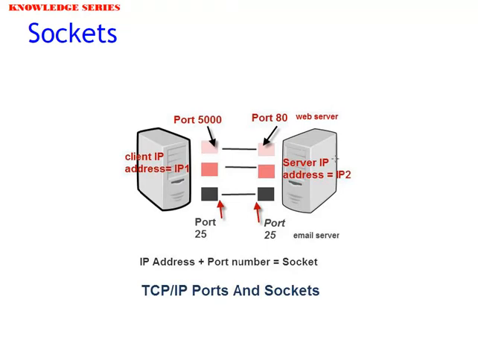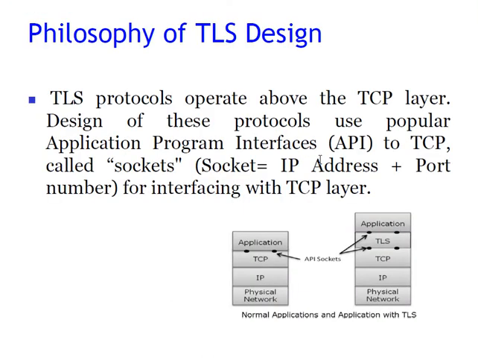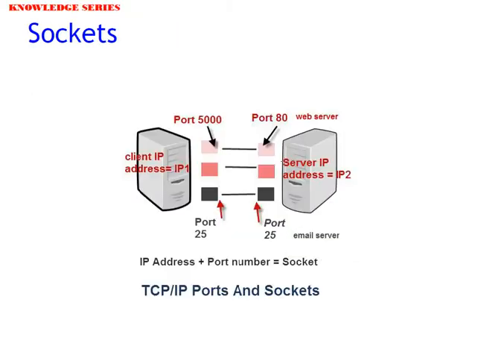Assume that you are searching for Google, so it has to communicate with the server. That means your client and server are interlinked. It will search for that particular Google page through the IP2 address of Google, through port 80, because port 80 is the web server.